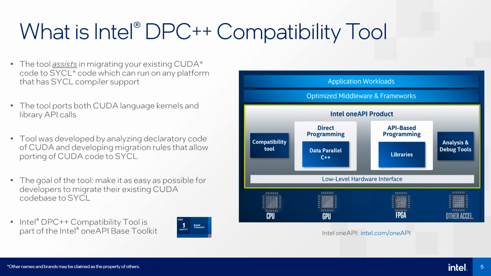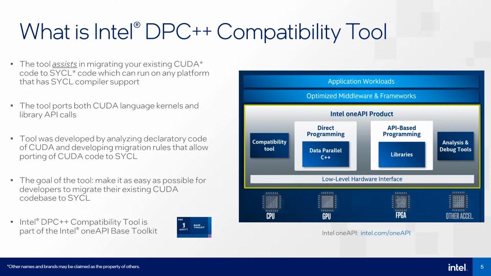Also, Intel oneAPI provides advanced libraries and a set of tools for developing high-performance, data-centric applications across diverse architectures. Intel oneAPI supports both direct programming with SYCL and API-based programming.